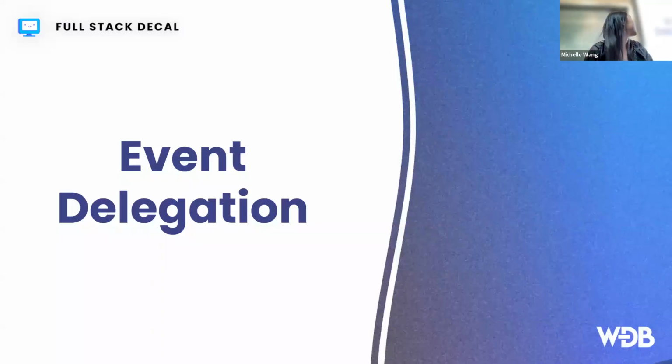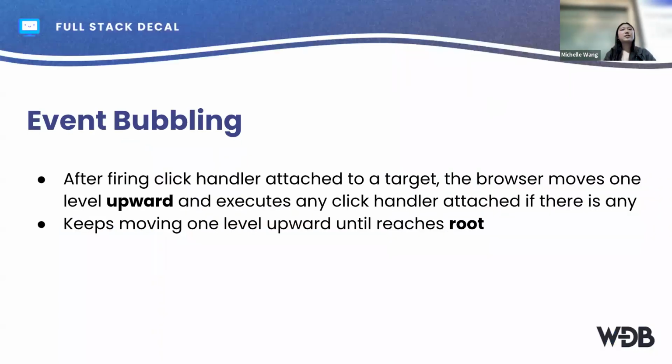All right, so event delegation. Basically, since the DOM is a tree-like data structure, when an event handler listens and sees that you clicked something, the event moves down the tree and then back up.